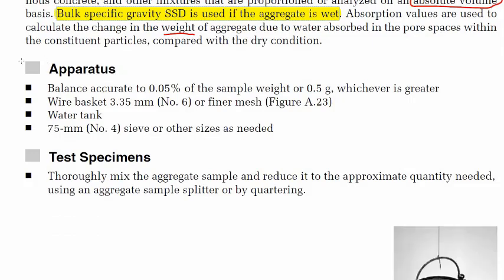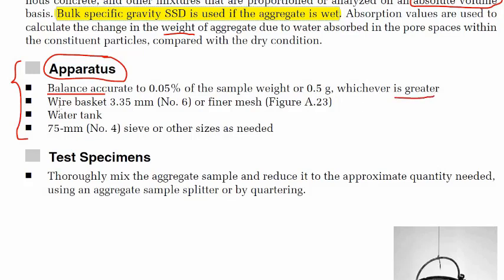Let's go now to the apparatus part, which is the equipment that we are going to use. Simply, we are going to use a balance with accuracy 0.05% of the sample weight, or 0.5 g, whichever is greater.